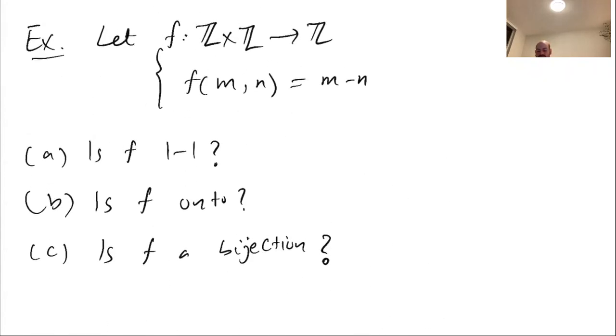What else? For example, 1. Is 1 an output? 1 is also an output because, for example, f of 2 and 1 is 2 minus 1, which is 1. Or, for example, 2. Is 2 an output?